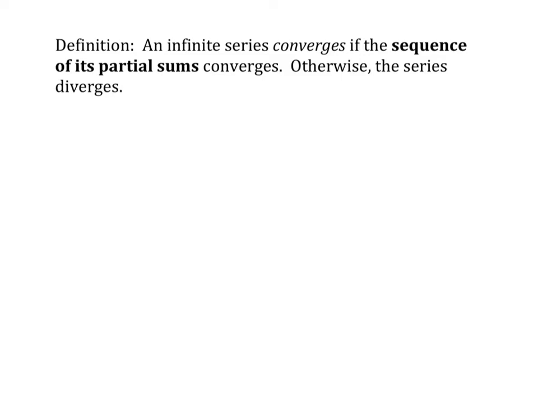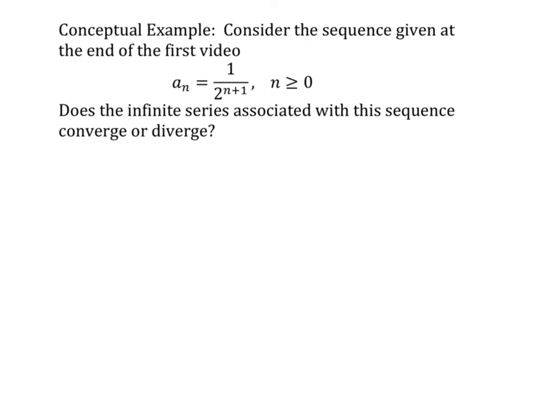Okay, so I would kind of like to take a look at that with the example we've had running through this. Think about the sequence that we had at the end of that first video. We know that the sequence, like I mentioned before, is 1/2, 1/4, 1/8, 1/16, 1/32, and so on. If we want to know if the infinite series converges or diverges, I'm going to have to look at the sequence of partial sums.